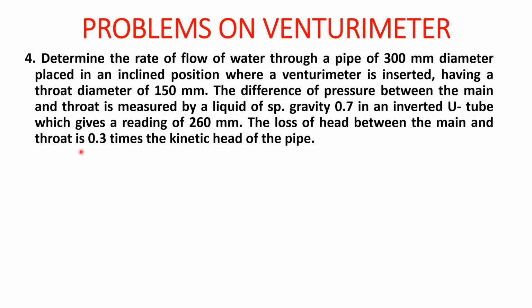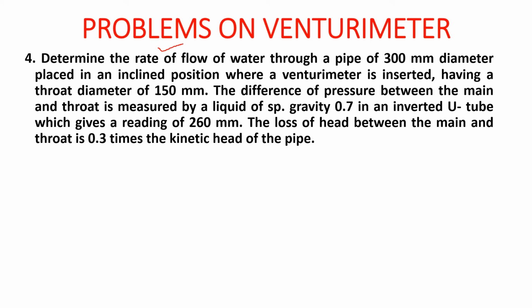The loss of head between the main and throat is 0.3 times the kinetic head of the pipe. So this is another problem which is giving us the value of, what we can say in this case, that this is the inclined venturimeter values now. Okay, so see guys, again we will divide this particular problem in n number of sentences.